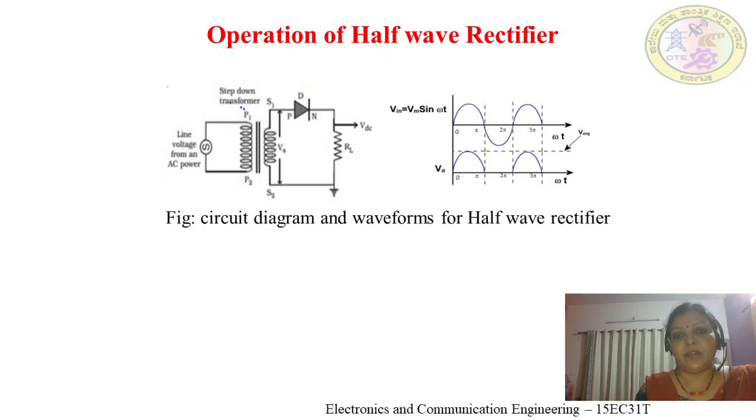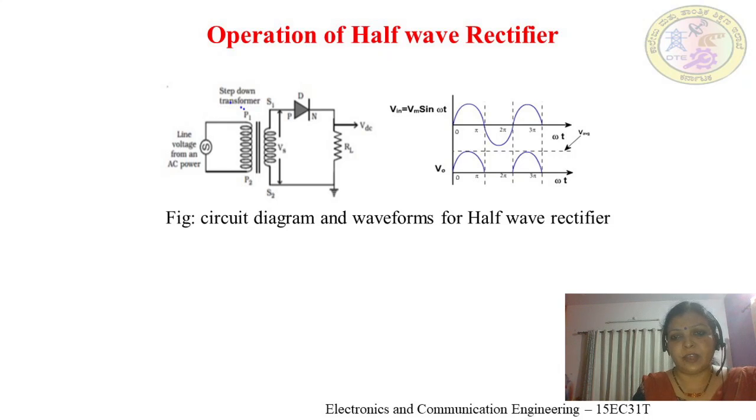Once again the diode is getting into forward biased condition. Hence what is it going to do? Again it is going to act as a closed switch, and pass the load current through the RL back to the secondary S2 of the winding.